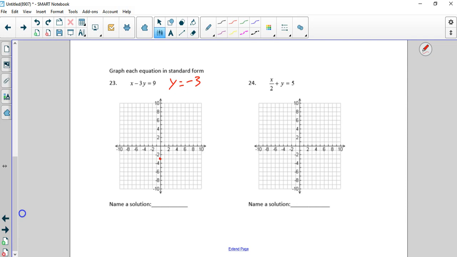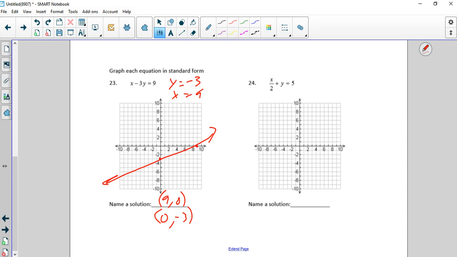I put a 0 in for y, which makes this disappear. X is simply 9. And then all I do is connect the dots. And then I use either one of those points. I could use 9, 0, or I could use 0, negative 3.